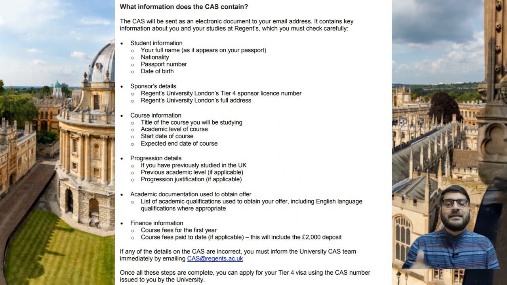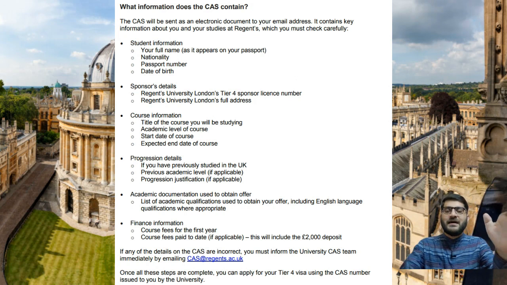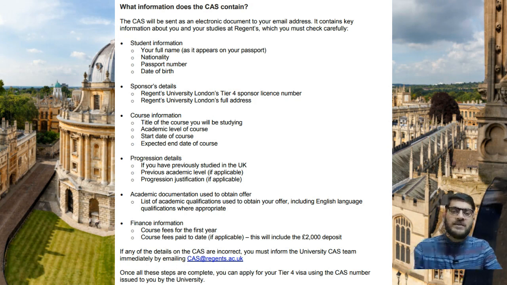The next, sixth part is the finance information. How much is the fee for your course for the first year, and also how much you have paid as a deposit as part of the fees paid to the university, needs to be shown in this letter. So there are basically six fields given over here. So you can understand what all information needs to be given in the CAS.